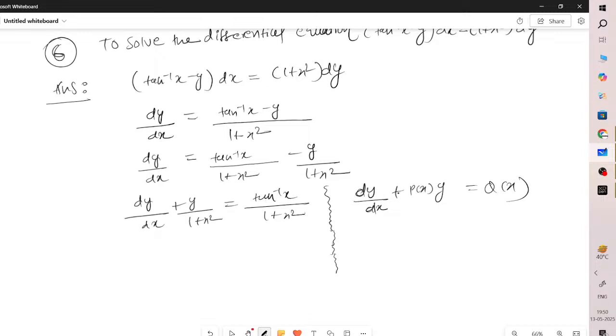Here our P of x is 1 upon 1 plus x square. Let me write here, our P of x is 1 upon 1 plus x square in this question. It varies from question to question. And Q of x is tan inverse x upon 1 plus x square.